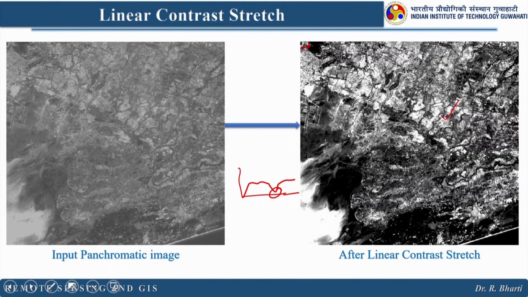But what if we have applied the linear contrast stretching? Then you will have a different number for this, right. Maybe the spectra shape will remain the same after processing, but the value will change. So, you cannot estimate what is the value or composition of this particular pixel. So, this is only used when you are going for a qualitative analysis.